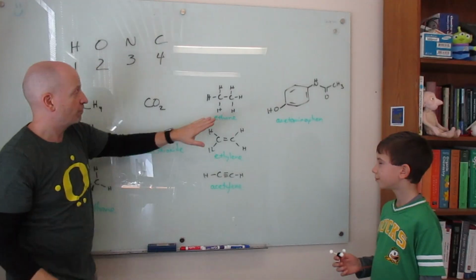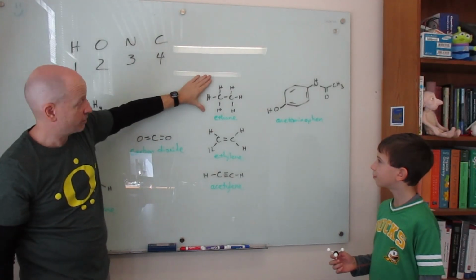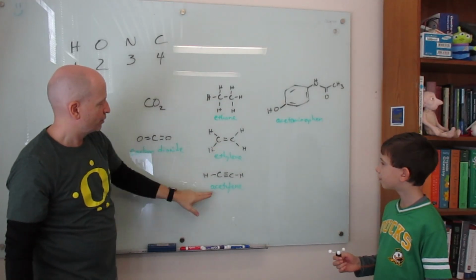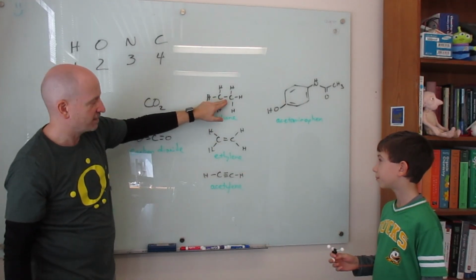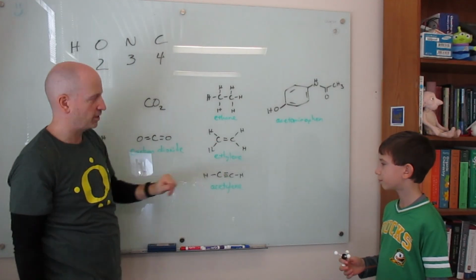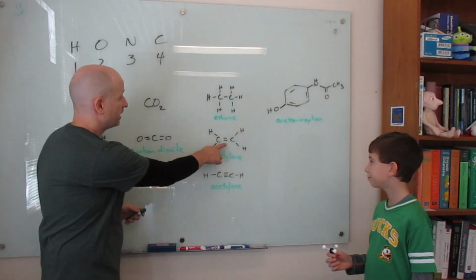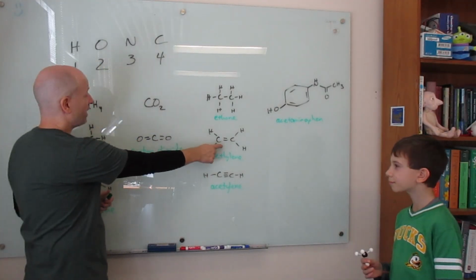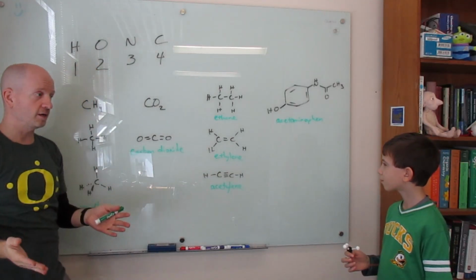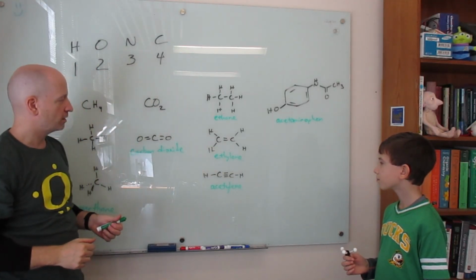Okay? If we look at a little more complicated organic molecules, we have ethane, ethylene, and acetylene. All of these have two carbons. One has a single bond between the two carbons. This has a double bond between the two carbons. This has a triple bond between the two carbons. Each of these has 4 bonds to each carbon. If you count up around any one of the carbons, you see 4 bonds. And each hydrogen just has 1.